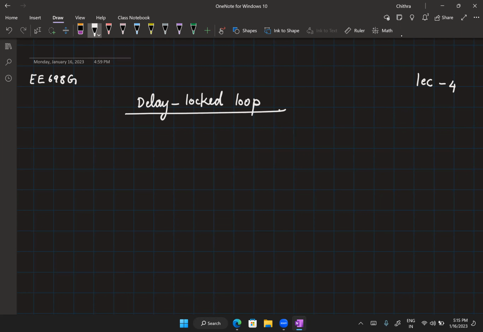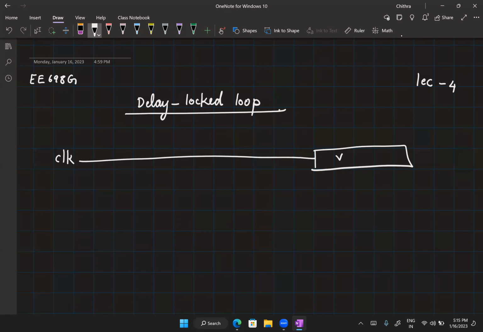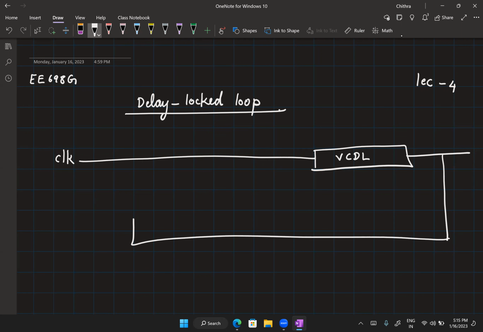So this basically is going to take an input, which is usually a clock signal. This clock signal is then passed through a variable delay line, which is a voltage controlled delay line. And then we take the delayed versions of this clock and compare it to the clock waveform itself.